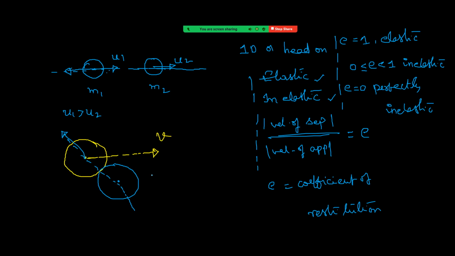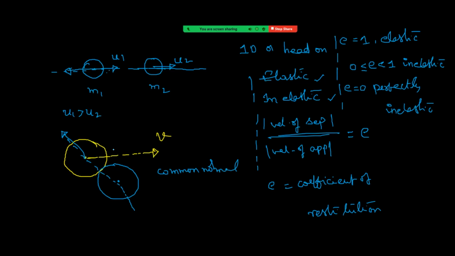This is known as the common normal direction, along which line the impulsive force is acting, because the collision time is very small. In that small time interval, a large force is acting. The line along which this force is acting is known as the common normal.